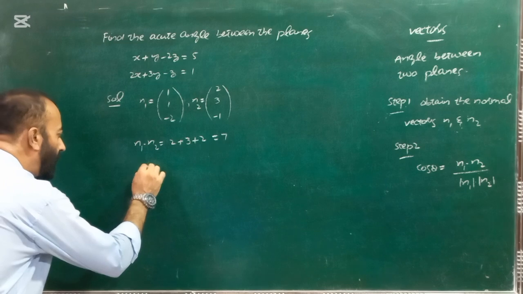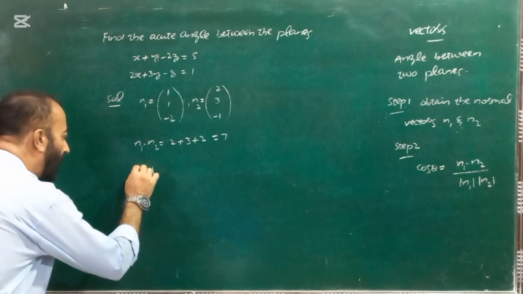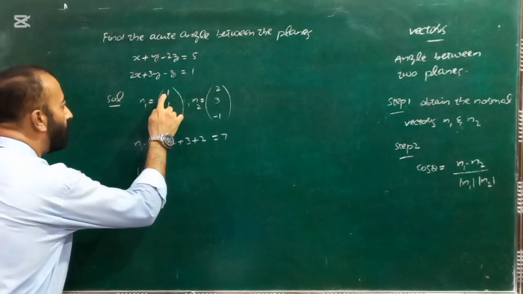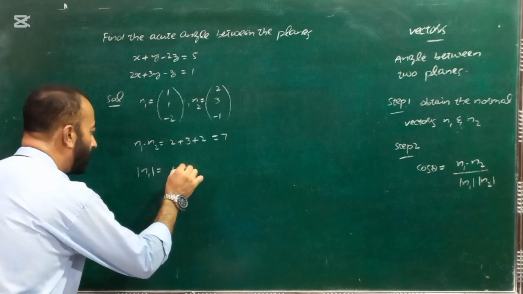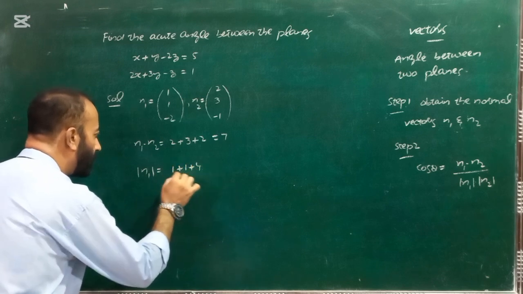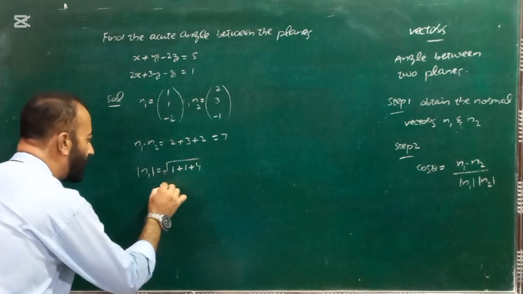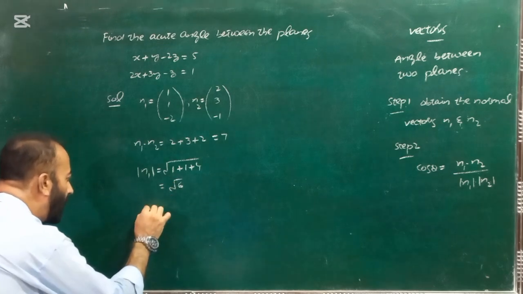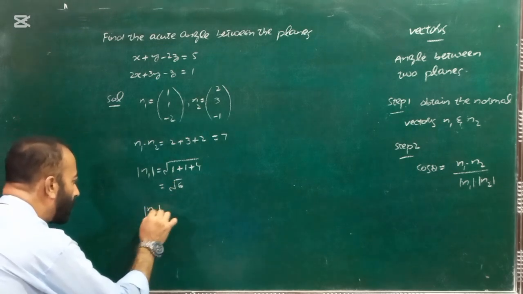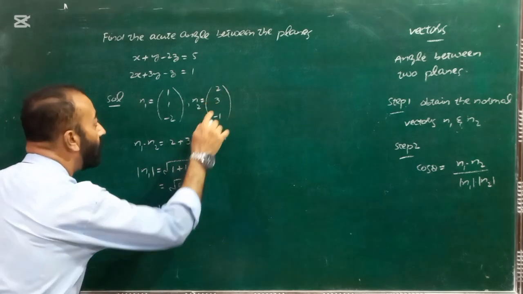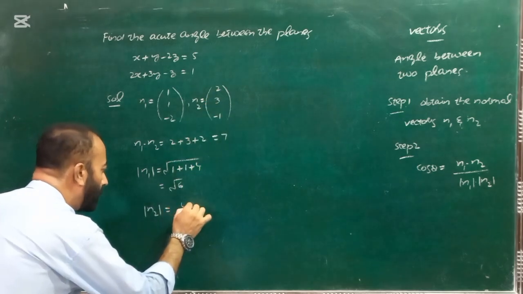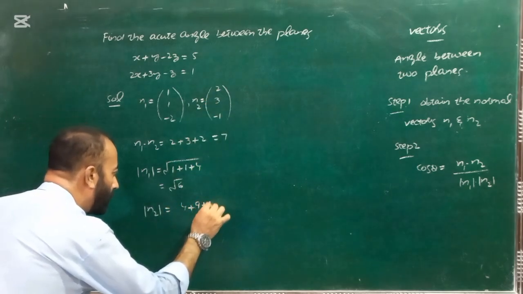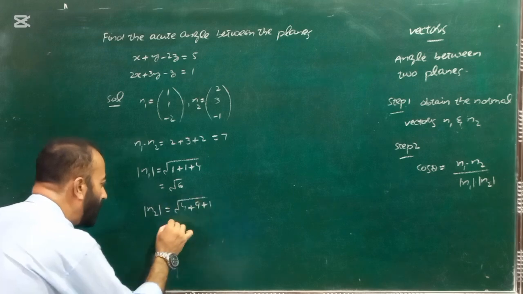Now we will find the n1 magnitude and n2 magnitude. 1 plus 1 plus 4, that is square root of 6. And now n2 magnitude: 4, 9 and 1, so this is square root of 14.